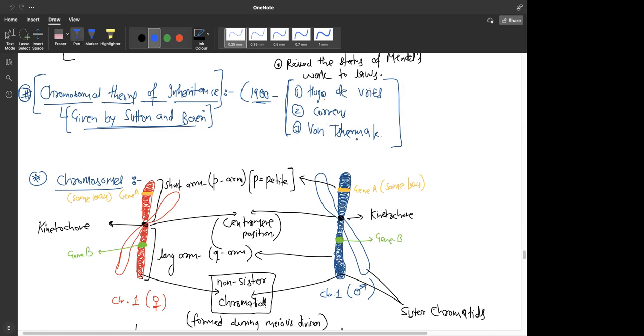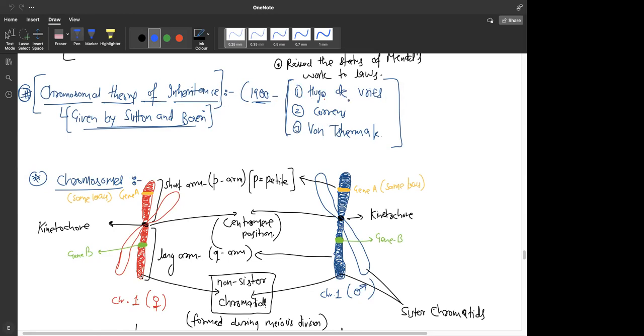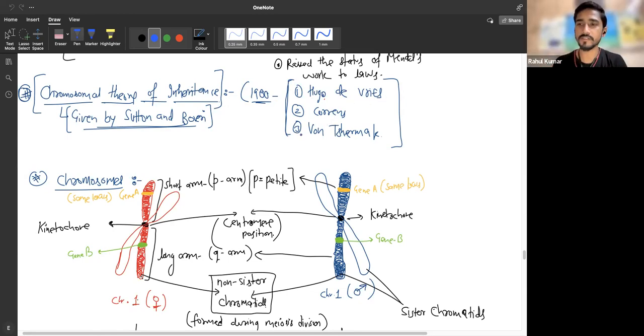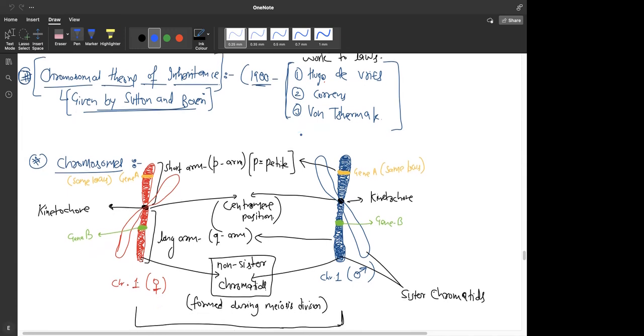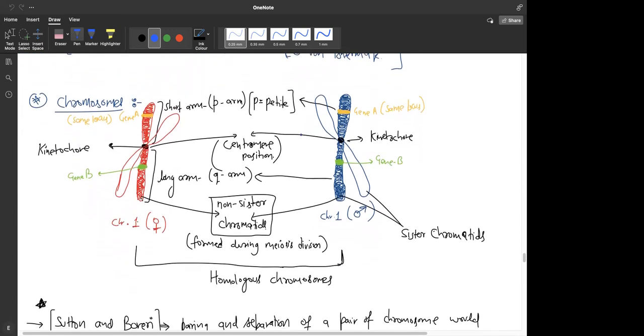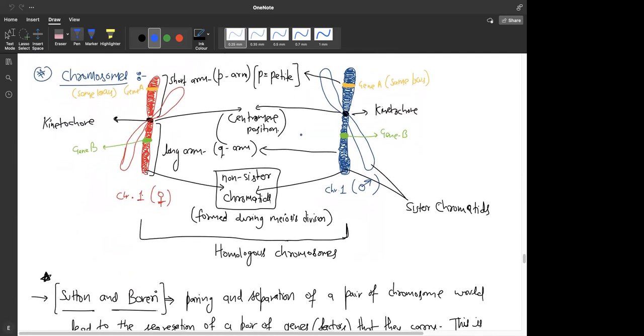They gave Mendel's work the status of laws, the three laws that we have studied. They also independently rediscovered Mendel's work after a very long time. Mendel's work was not recognized, but they did something to make it recognized because they were actually biologists.